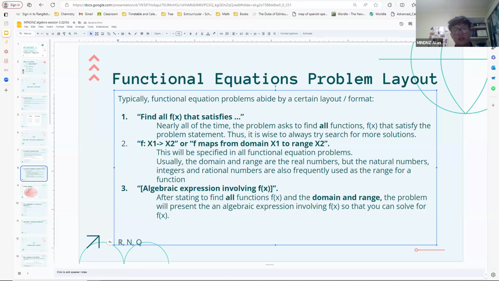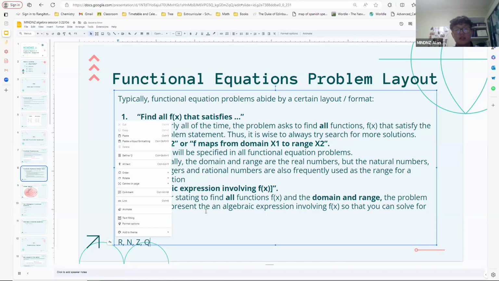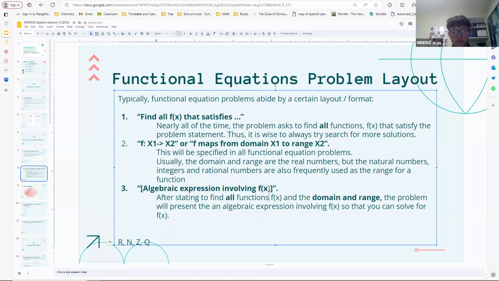So the real numbers, the natural numbers, the integers, and the rationals are usually used for functional equations. And then finally, the problem will present an expression involving f of x. This is basically the heart of the problem, and you have to manipulate this expression to find f of x.